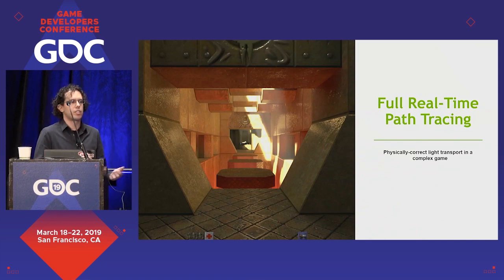All of the light interactions are computed in real time using physically accurate algorithms and physically accurate materials. Everything is dynamic. The lights, you can move the sun and everything moves as you would expect. It pretty much just works. And it's really interesting to see. I have a quick video of this that I'll show later on.